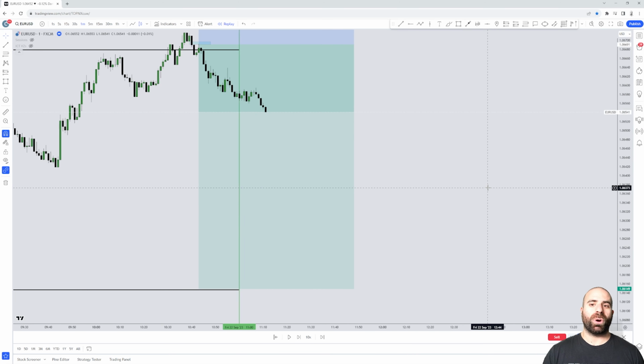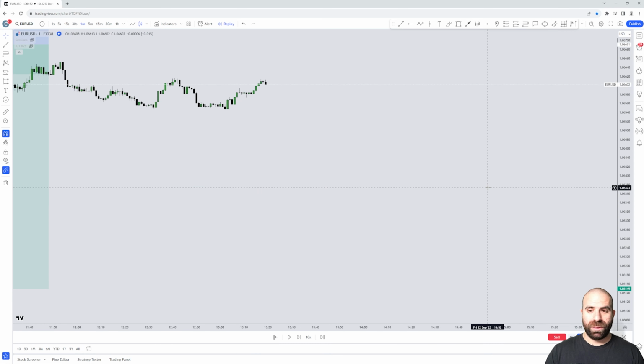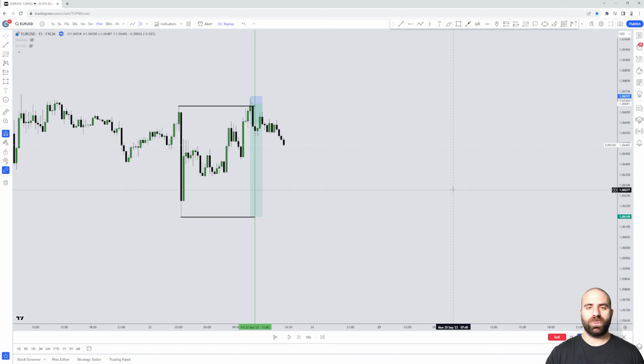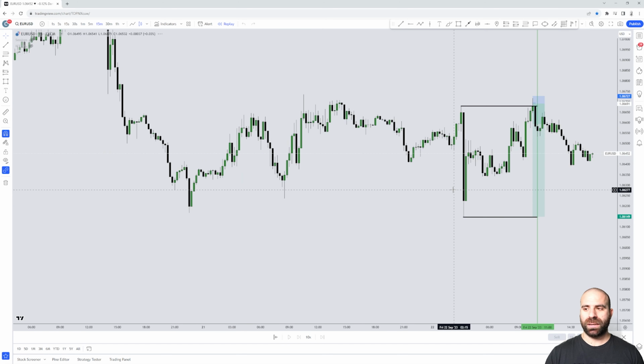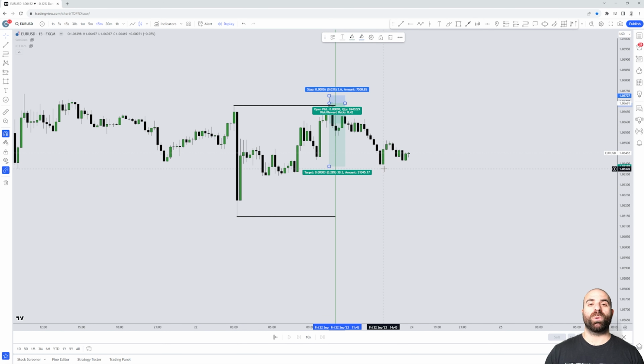Let's see for how long and how much of an RR this trade would have given you, and I will go to the 15-minute time frame to see the maximum reward to risk that this one would have hit. And for the time being, you see that this has reached a maximum of an 8-to-1 reward to risk.